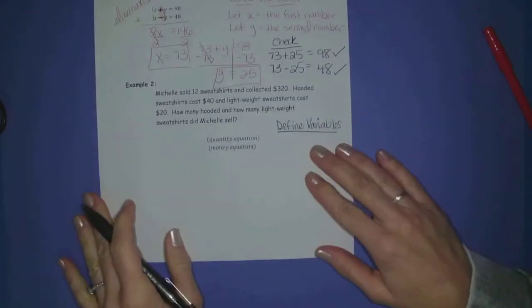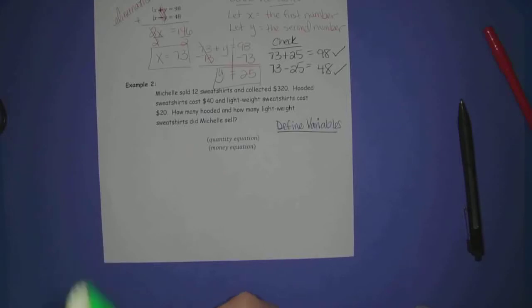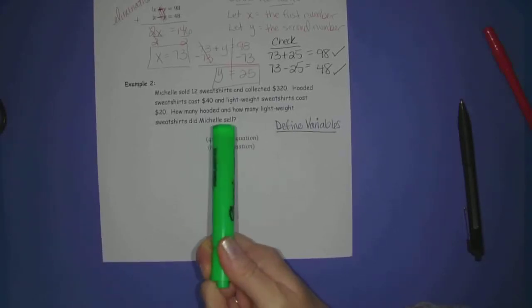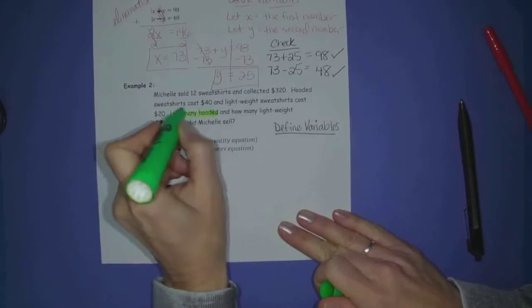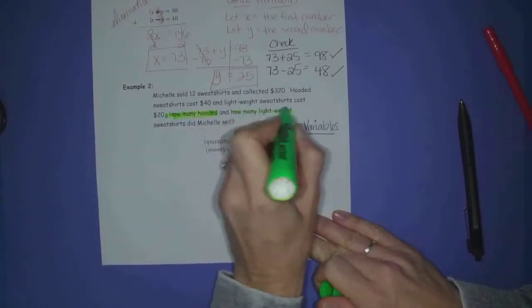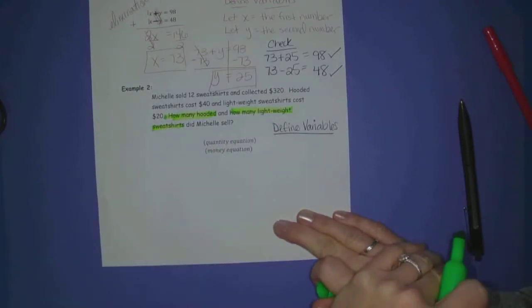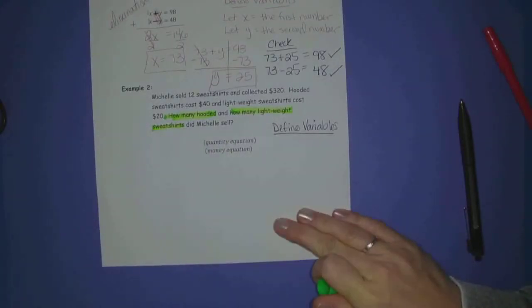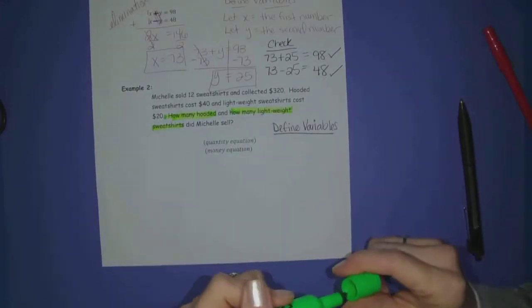Again, it typically comes in the last sentence of the problem. So if you look at the question, how many hooded and how many light sweatshirts did Michelle sell? That's what we need to find out. That's what we don't know.